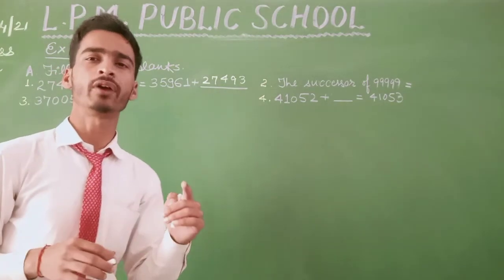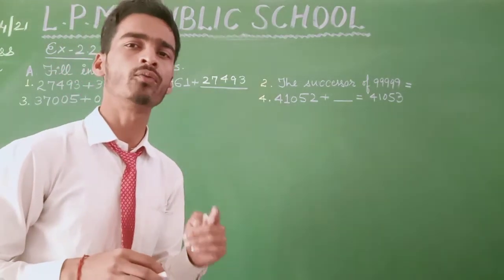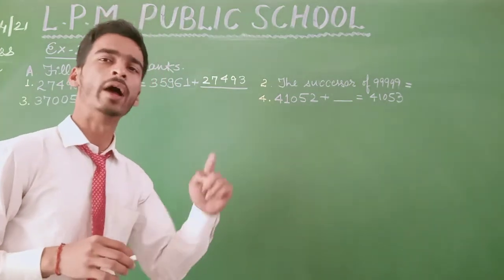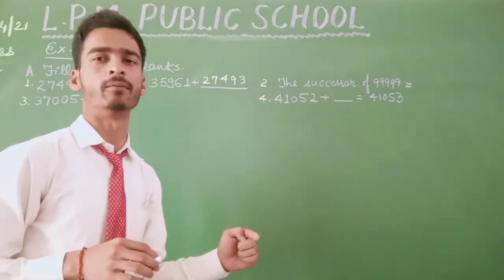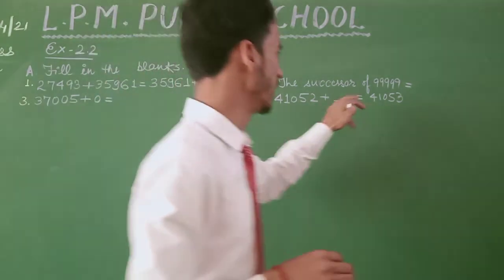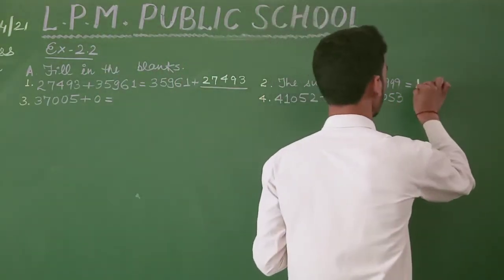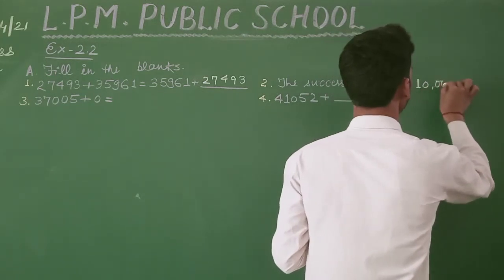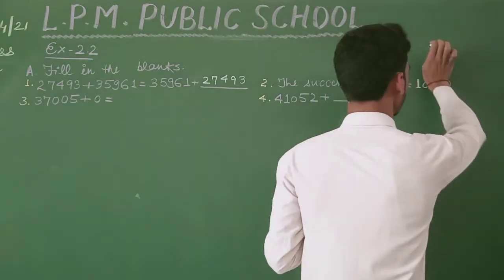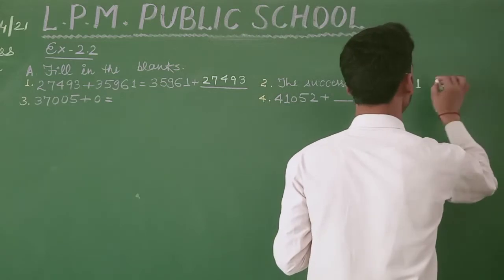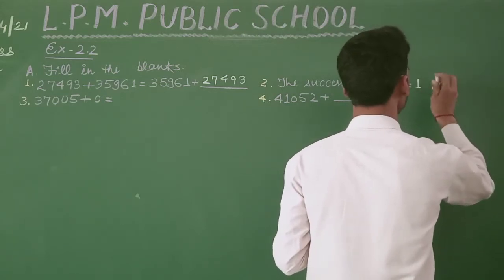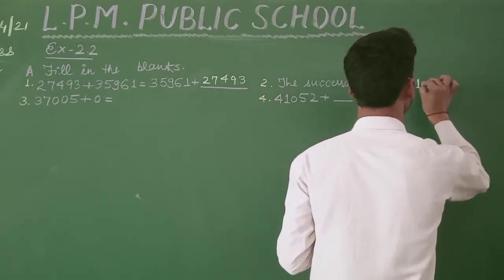In other words, if you want to find the successor of any number, you have to add 1 to it. So when we add 1, that will be 1 lakh.